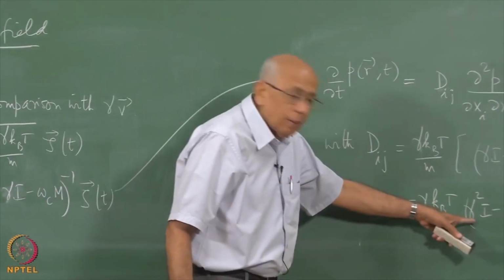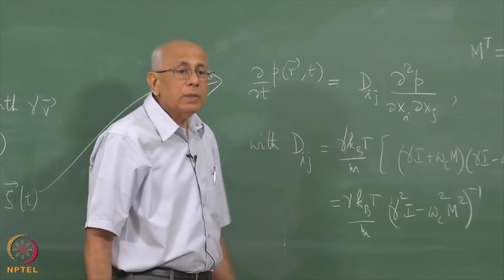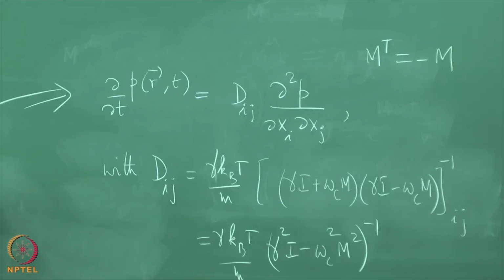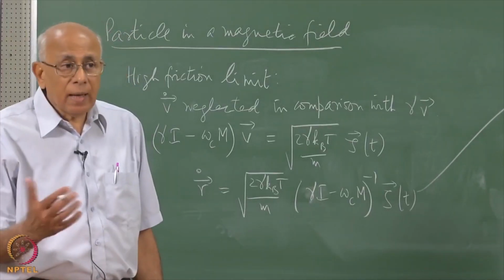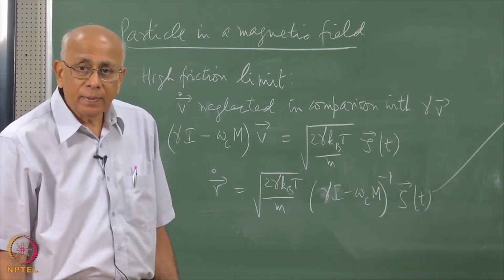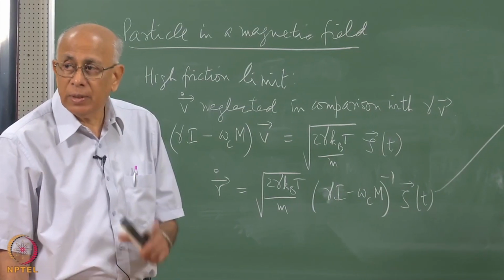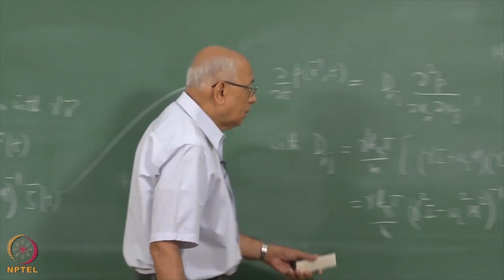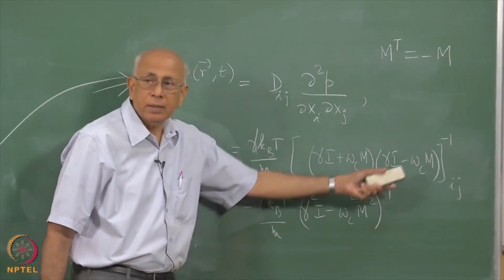Let us pull out this gamma squared. Oh, incidentally, what is the guarantee that this fellow has an inverse to start with? M itself does not have an inverse because 0 is an eigenvalue. But what is the guarantee that this inverse exists?